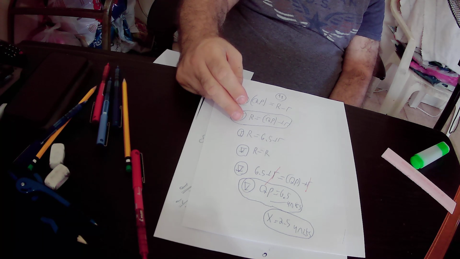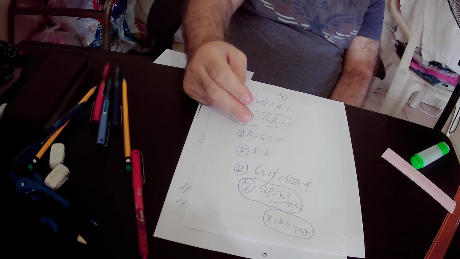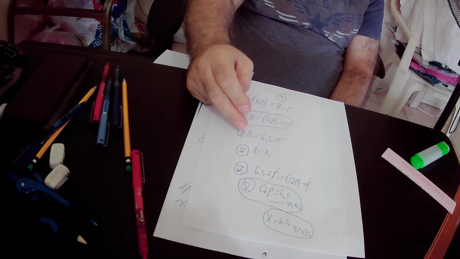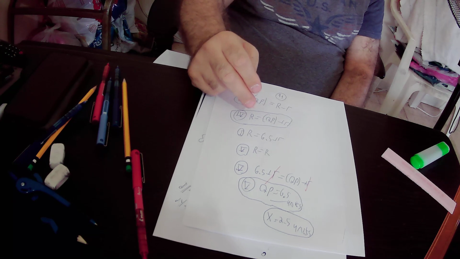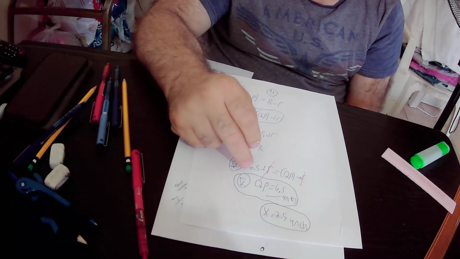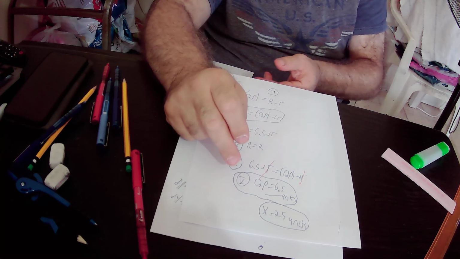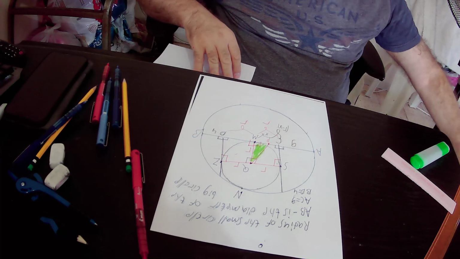So equation number 4 equals equation number 1. Capital R equals capital R. Here we substituted capital R by equation number 1, and on the other side we substituted capital R by equation number 4, and we found out that QP equals 6.5 units and X equals 2.5 units.